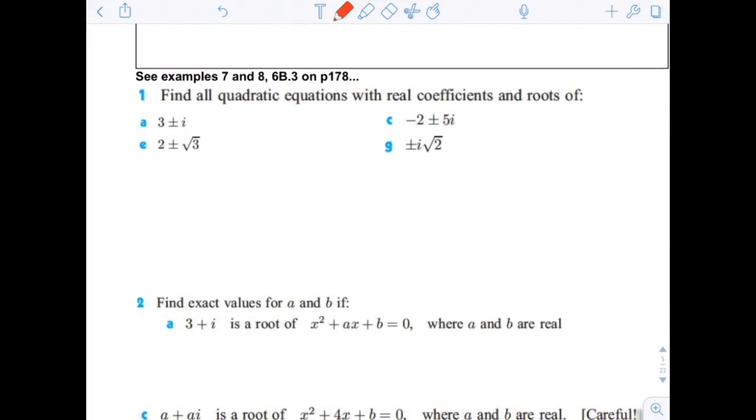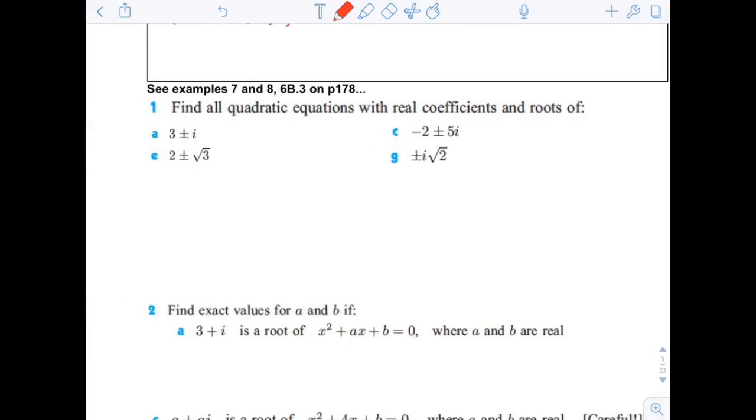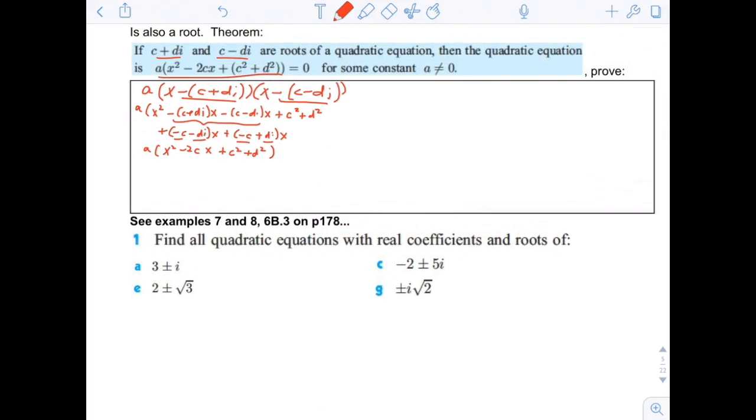Okay, examples 7 and 8 on page 178. Find all quadratic equations with real coefficients and roots of 3 plus or minus i, 2 plus or minus square root of 3, etc. Let's look at the first one, 3 plus or minus i.